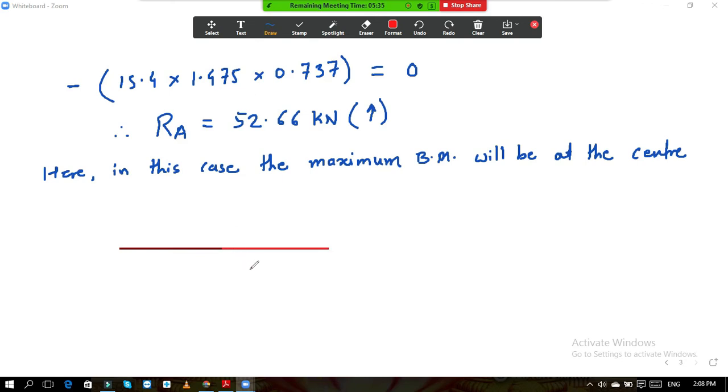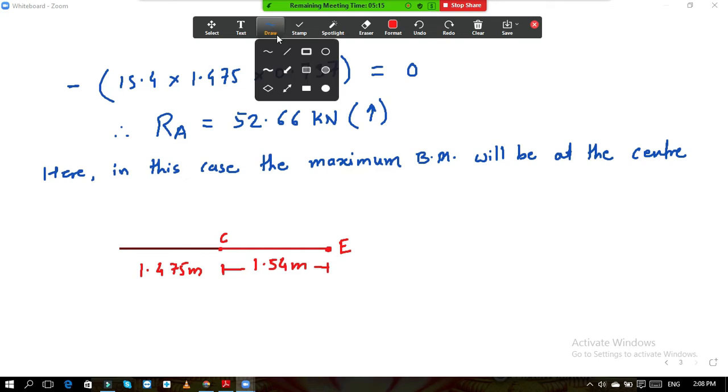Okay, so this is 1.54 now, and this is 1.475 up to this point. So here this is your point E, here this is your point C, and at this point there is a reaction.